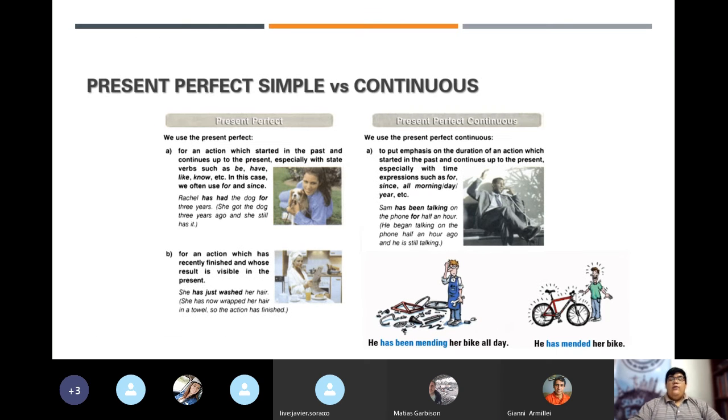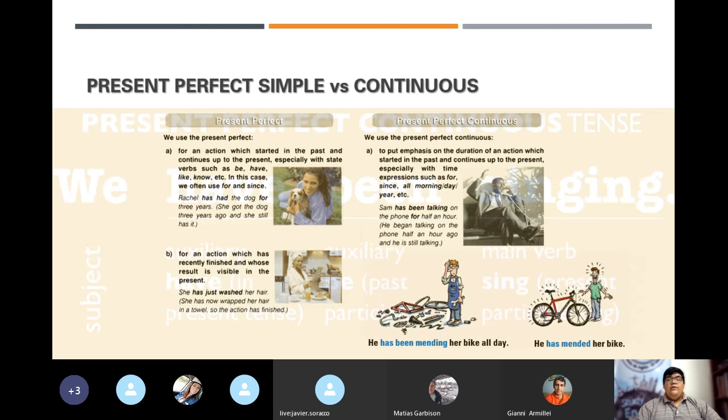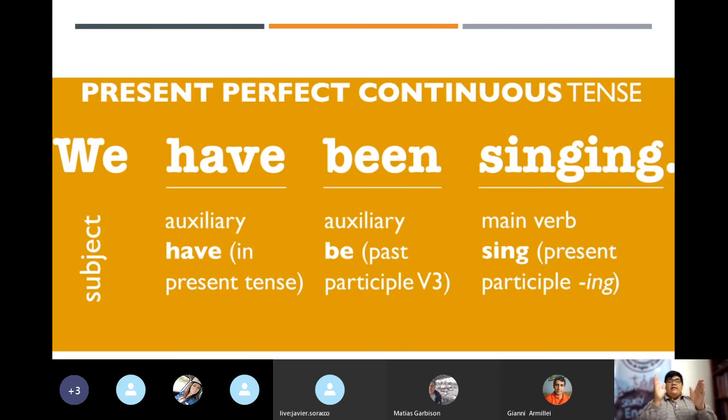And the structure of the present perfect continuous is this. We use the subject first, then we have have or has, then we have been, that is the verb to be. Remember that in continuous aspect, we always use the verb to be. In present continuous, we use am, is, or are. In past continuous, we use was or were. And in present perfect continuous, we need a participle form.